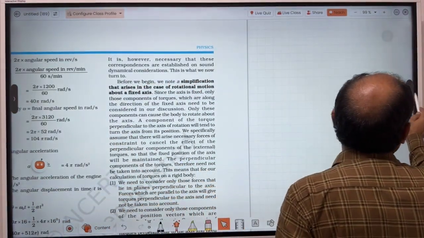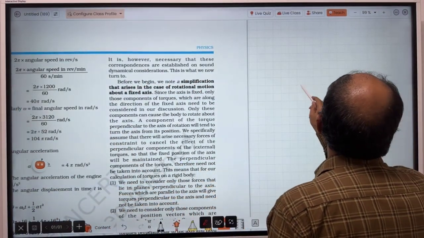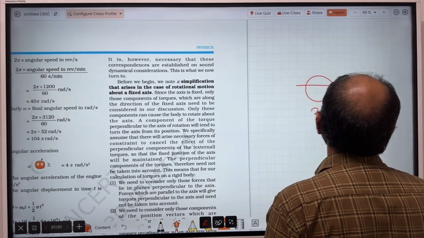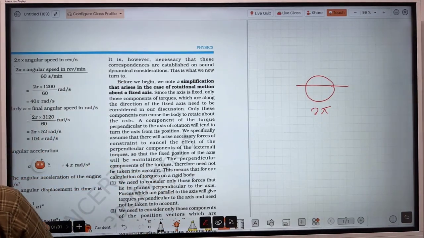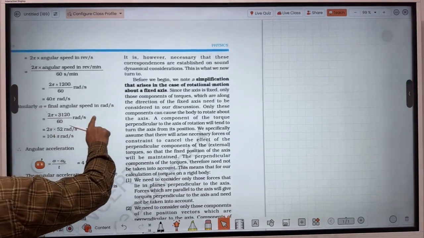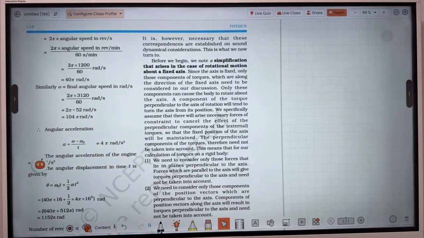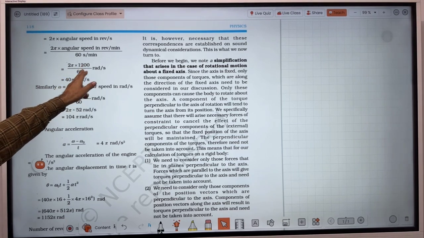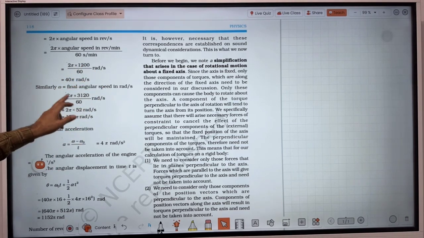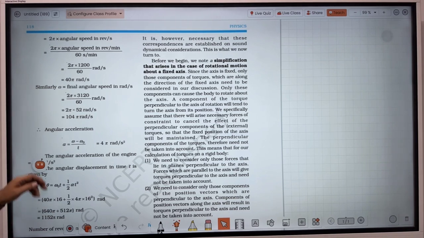If you remember, angle moved in one revolution is equal to 2 pi. So here in our question, the information that is given is, in first case it is 1200 revolution per minute. It means you can write 1200 into 2 pi and divided by 60 to convert into revolution per second. So it will become in terms of radian per second. So we can get from here omega 0.